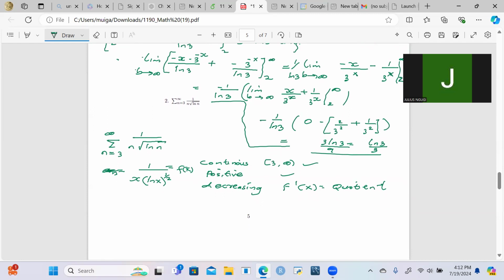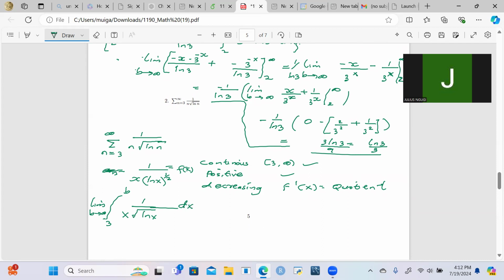So what you do now, you use the integral test. Integral, and then you use the word limit because it's improper. As b approaches infinity, from 3 to b, you have 1 over x, then ln of x in the root, with respect to x.